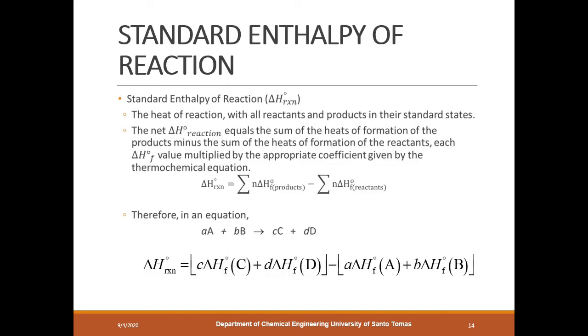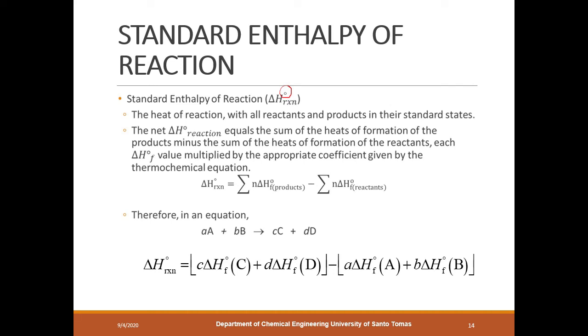Now we proceed with the standard enthalpy of reaction. For this one, it is worth noting that this enthalpy of reaction is going to be different from the one that we had before, because this time we have this naught symbol to differentiate the enthalpy of reaction from the standard enthalpy of reaction. Now how do we define the standard enthalpy of reaction? It is the heat of reaction with all reactants and products in their standard states.